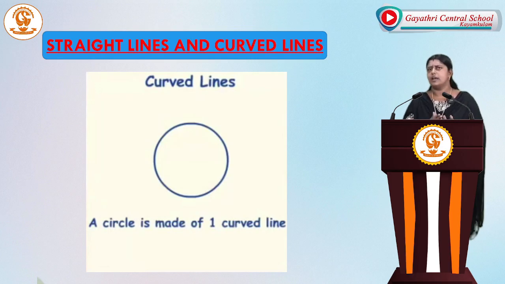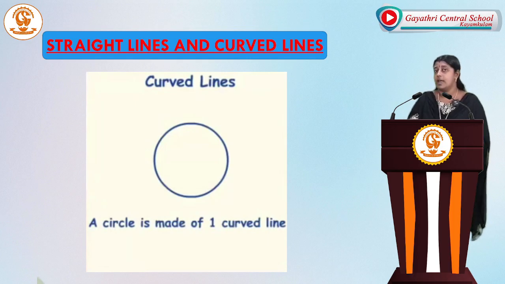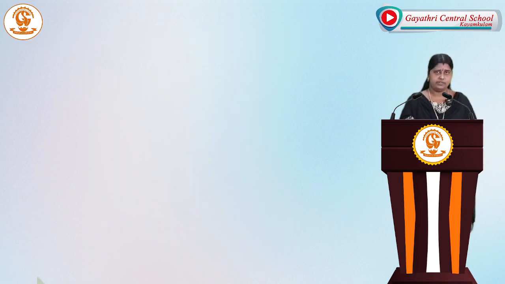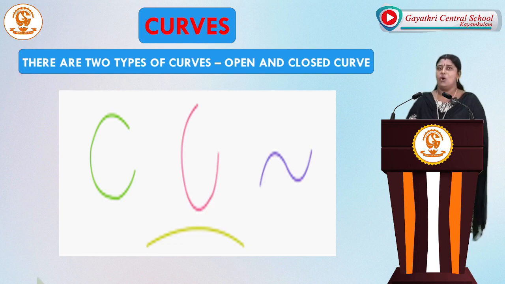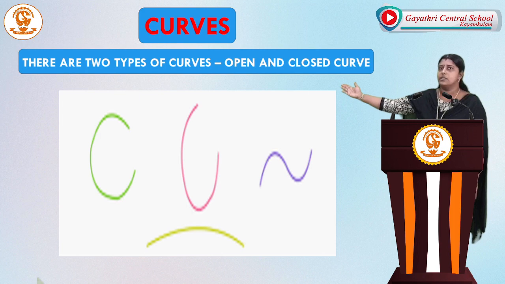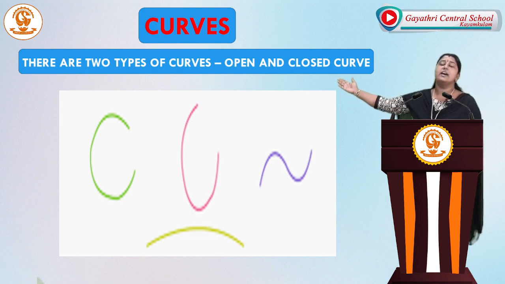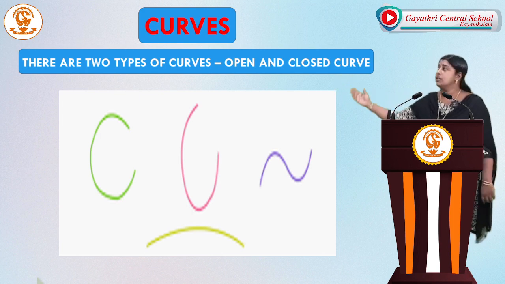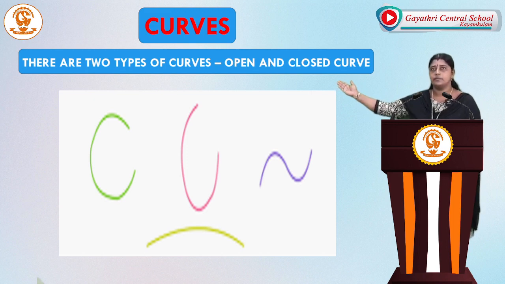But curves are classified into two types, open curve and closed curve. These are closed curves, but these are open curves. Can you see? Two endpoints are there.